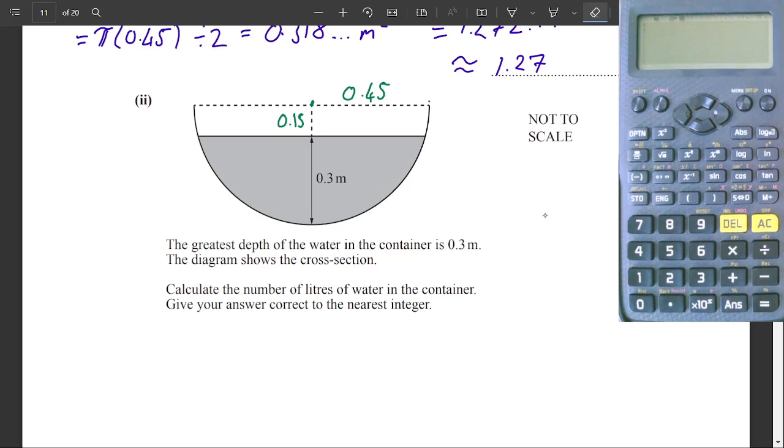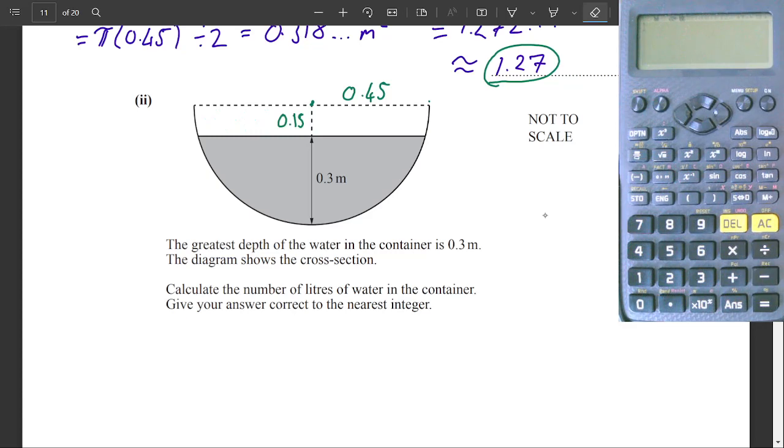Now, after thinking this through thoroughly, I thought it would be best to work out the area up here of this. Once we got that area, we can work out the area of the empty space and subtract it from the volume of the whole thing that we do know, and then we'll have the volume of the water in the tank.